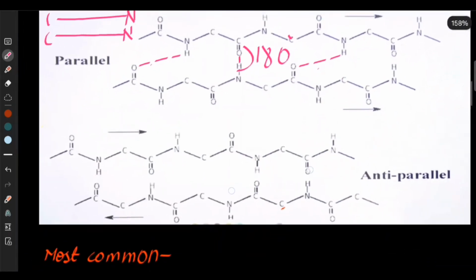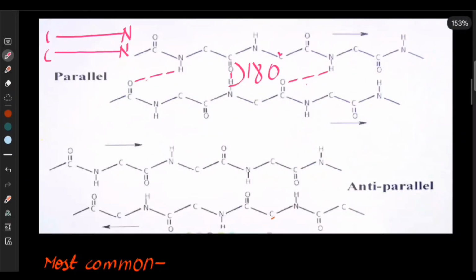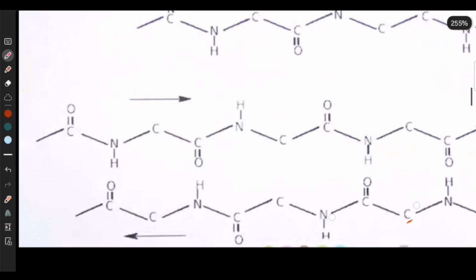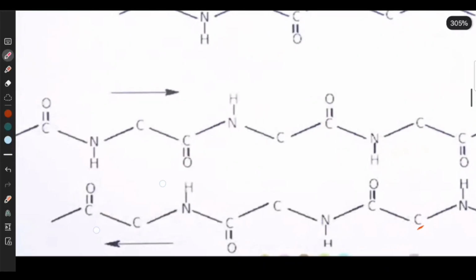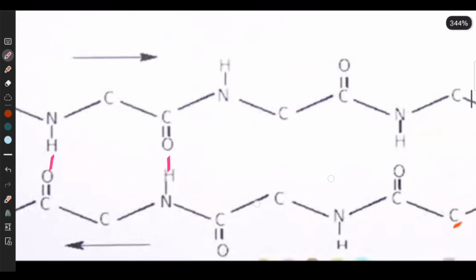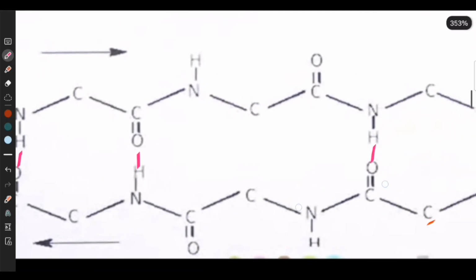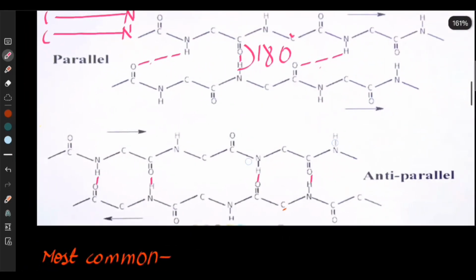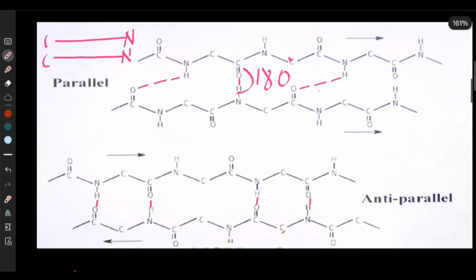So now let us take an example of antiparallel. In antiparallel, as you can see over here, this is a hydrogen bond, this is another hydrogen bond, this is another, and this is another hydrogen bond. So the inclined hydrogen bonds are very few in number, as you can see, and the most common hydrogen bond which is formed is 180 degrees.